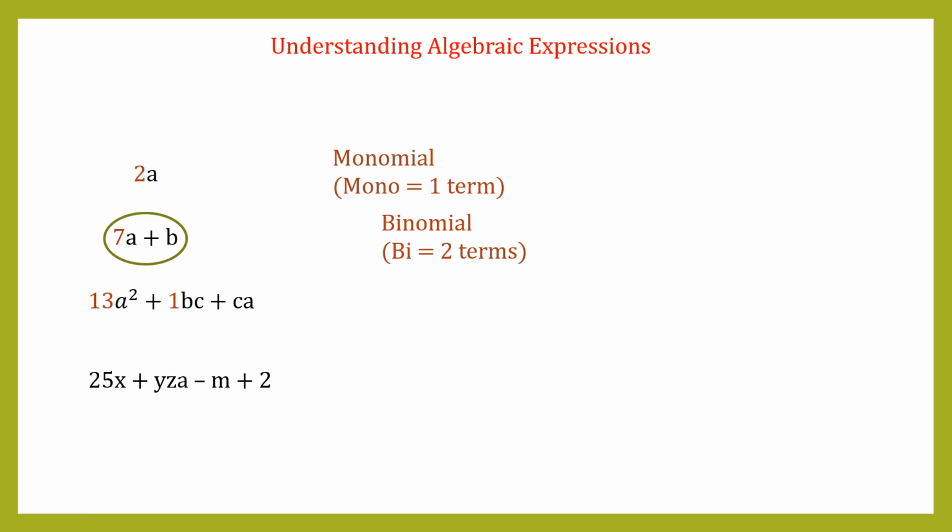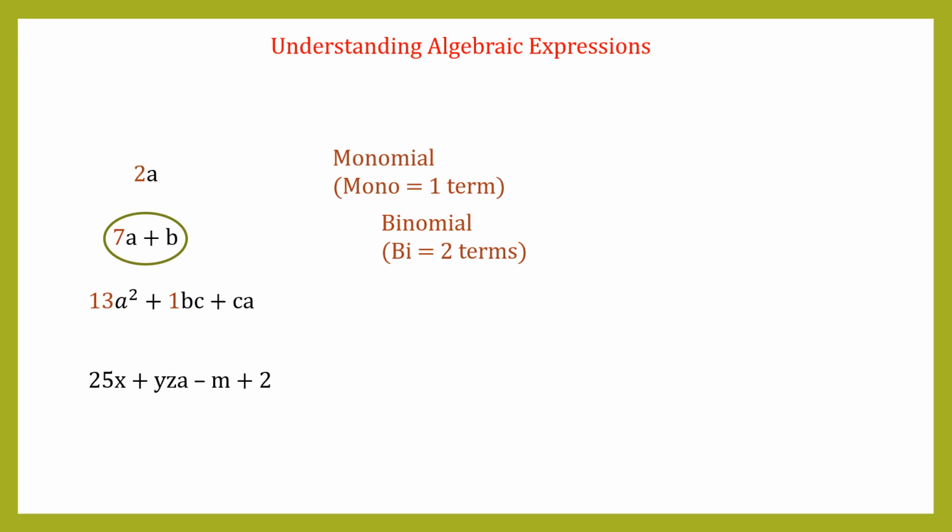Now 7a. A is an alphabet. Here alphabet is called as a variable. Variable means its value can change. That is, it can have multiple values. And 7 is a number which is in multiplication with a. So this 7 is nothing but coefficient.